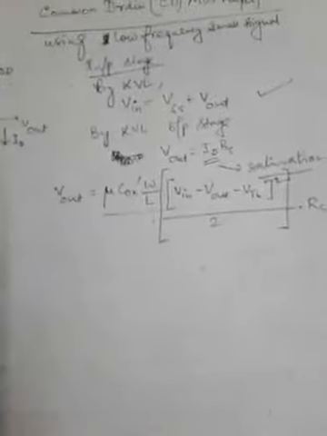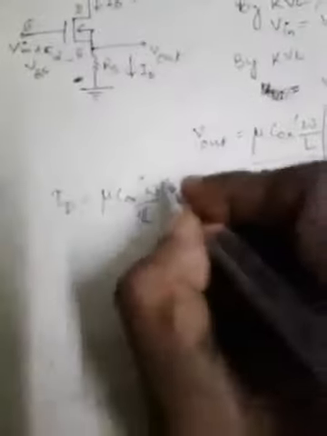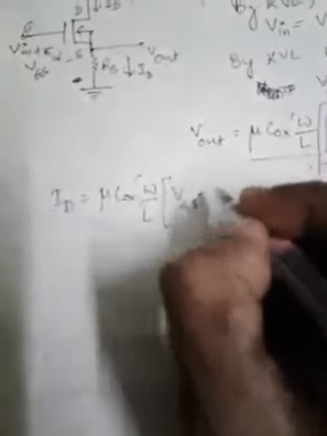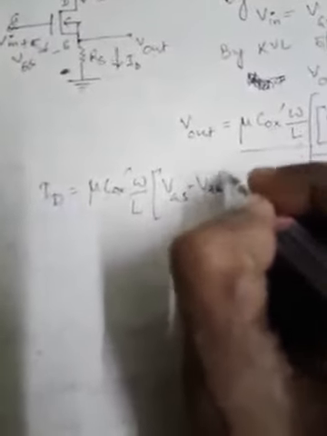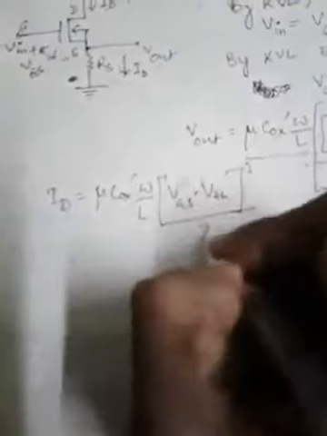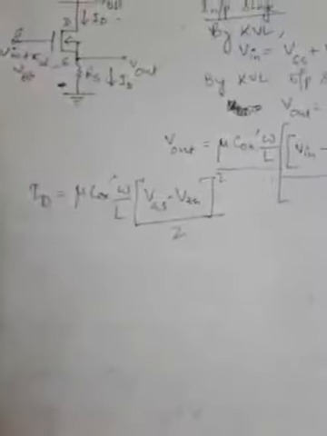If you analyze this, the original equation was ID is equal to mu COX prime W by L into VGS minus VTH whole square by 2. This was the equation for the saturation region.